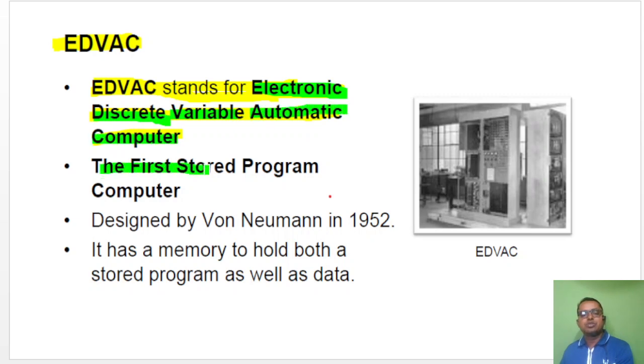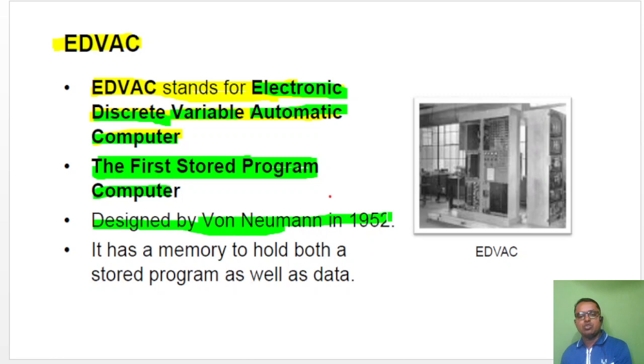The first stored program computer. So this was based on the stored program concept of the computer. This is the first computer based on the stored program concept. It was designed by John von Neumann.